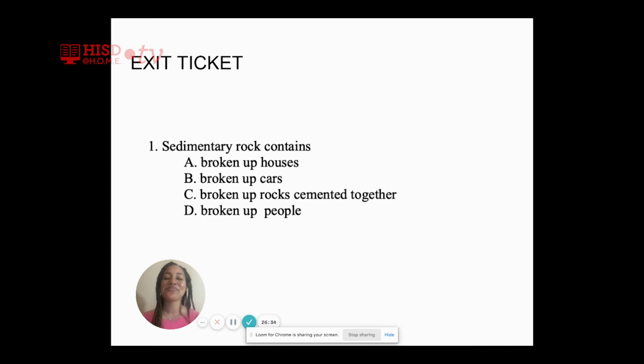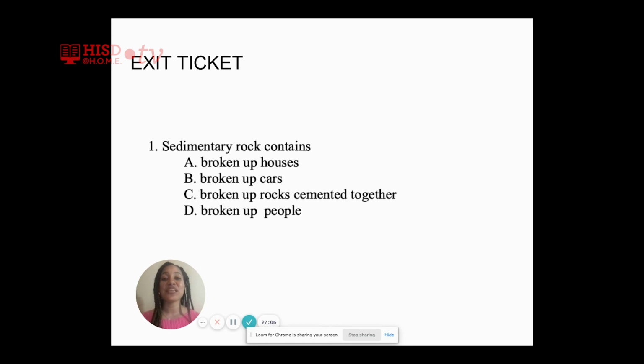Any ideas? Right. Sedimentary rock is made up of sediments, broken pieces of rock after it has been weathered and eroded. And once the rock is weathered and eroded, if it is cemented together, then it will form sedimentary rock.